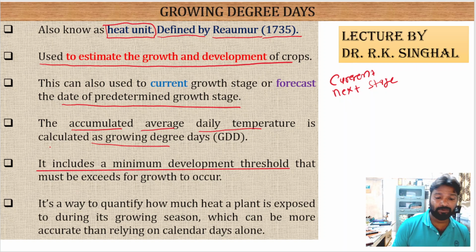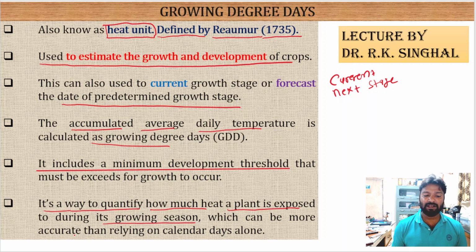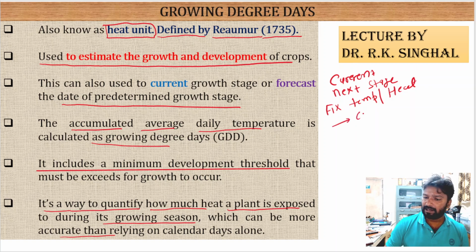This is a way to quantify how much heat a plant is exposed to during its growing season, which can be more accurate than a line on the calendar day. The meaning is that a fixed temperature or heat is required to complete one stage.